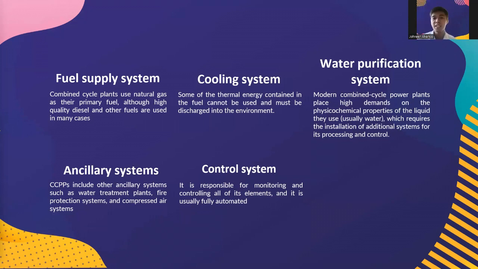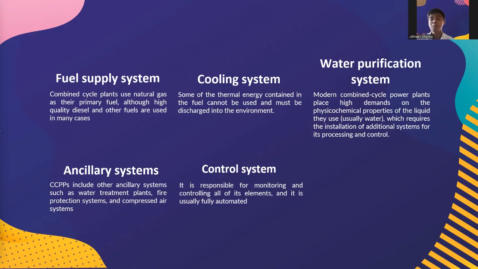Next is ancillary systems. Combined cycle power plants include other ancillary systems such as water treatment plants, fire protection system, and compressed air systems. So last na element ng combined cycle power plant is the control system. It is responsible for monitoring and controlling all the elements, and it is usually fully automated.